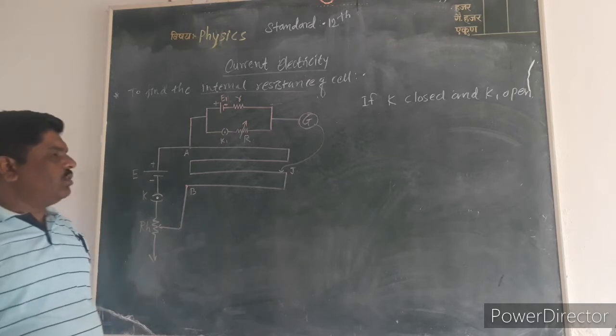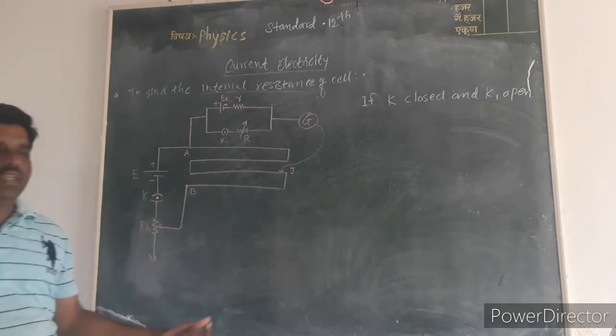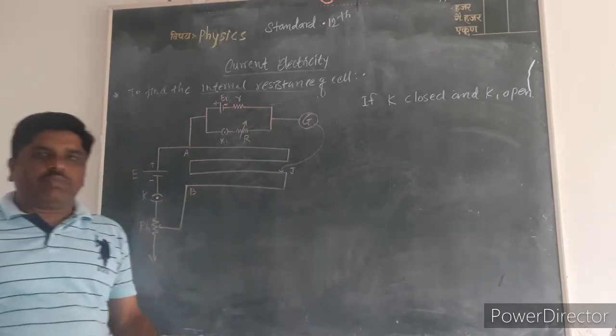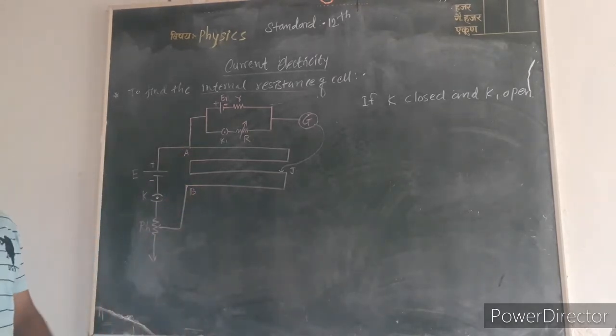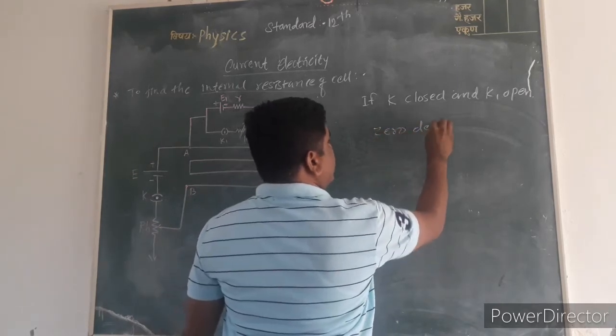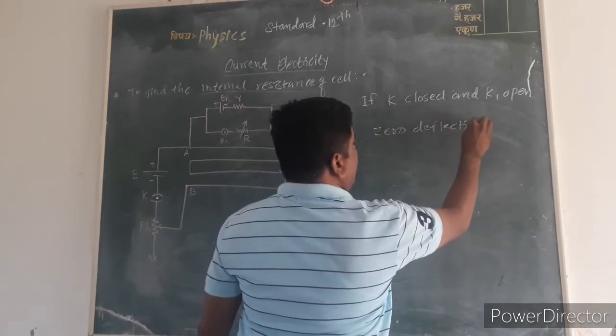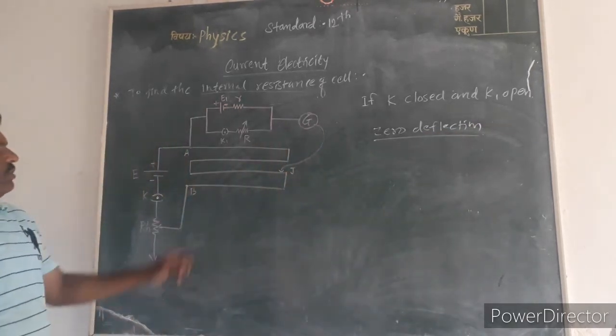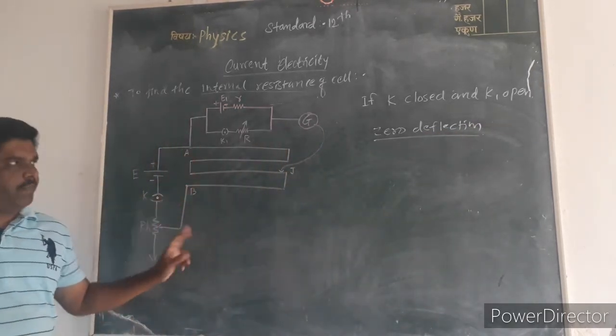Then we find out using sliding key or jockey on this wire AB, we find out null point or zero deflection on the wire AB.